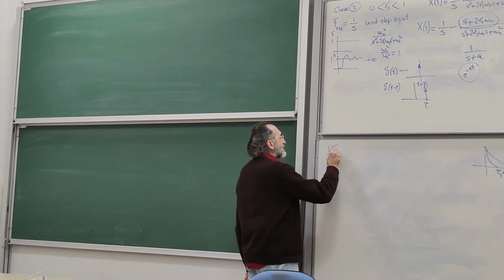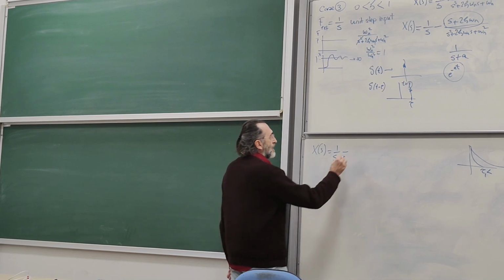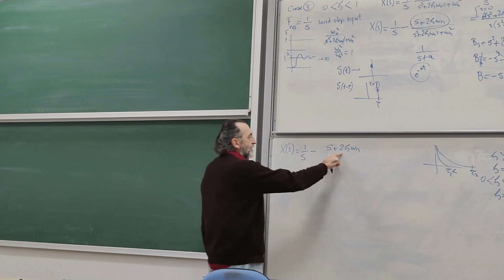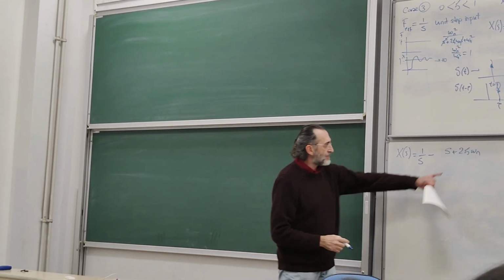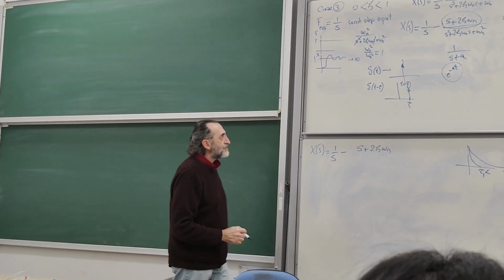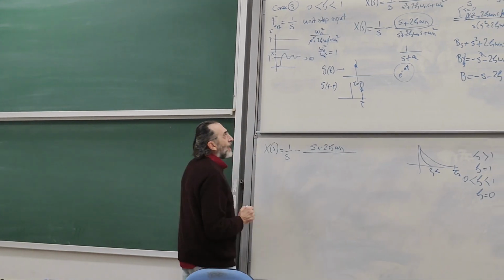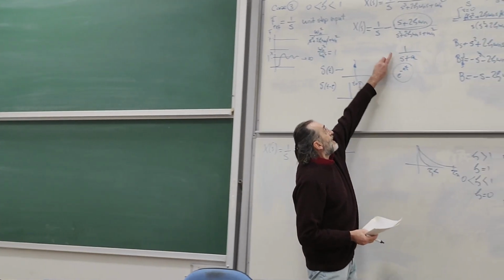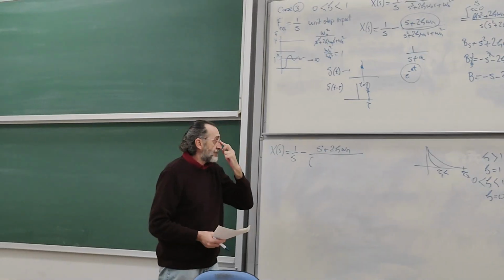X of S is equal to 1 over S minus S plus 2 zeta omega n. I recognize the zeta omega n as my attenuation factor, remember the sigma. Now on the bottom, I have to say that this S also has 2 zeta omega n next to it.